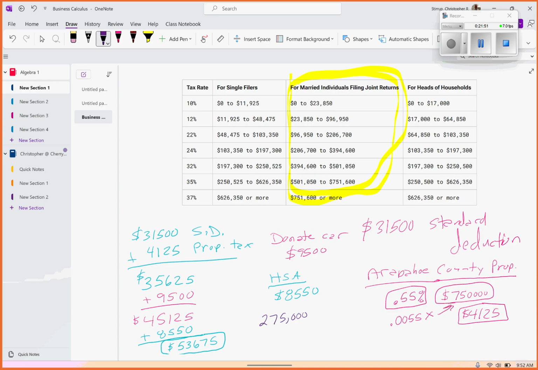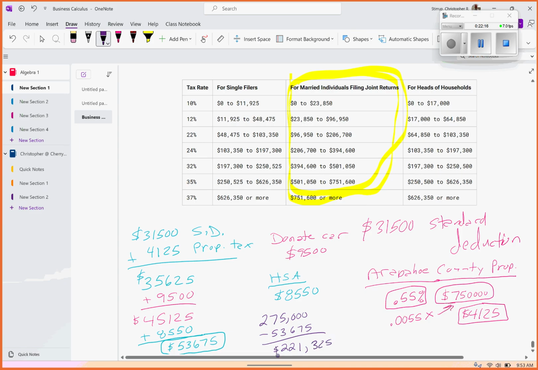So our taxable income is $275,000. I'm going to subtract the $53,675 from it, which means my taxable income is this. So let's just take a look. Where did this really put us?